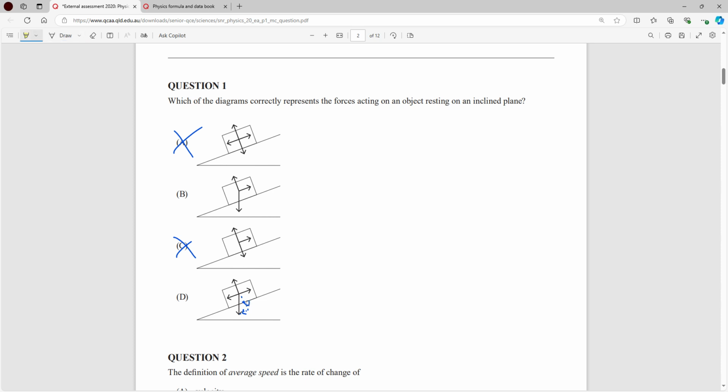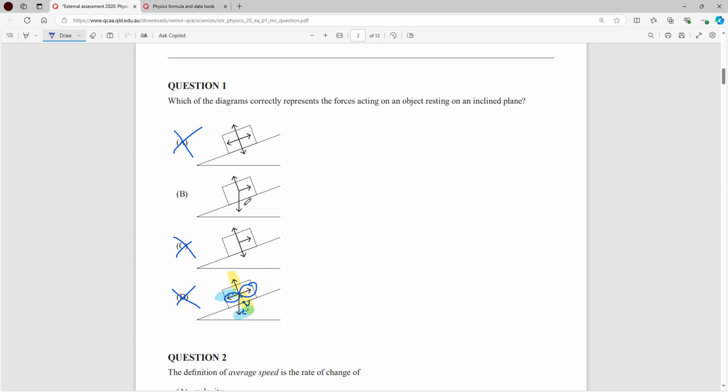This component is acting opposite to this one, however this one here is an additional horizontal component. Imagine this blue vector getting added with this one. That is going to force it to go this way because there's more force going down the slope. So while that might counteract that, it's not accounting for this additional vector. So D is actually incorrect.